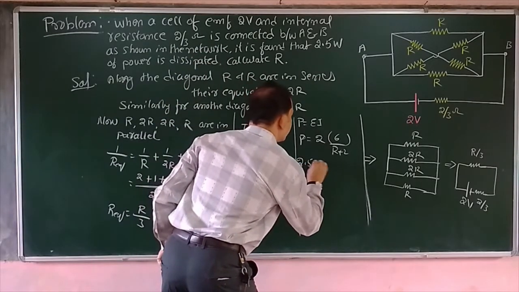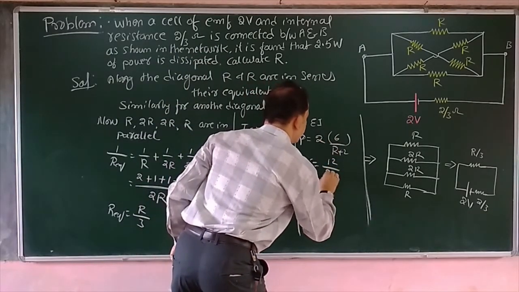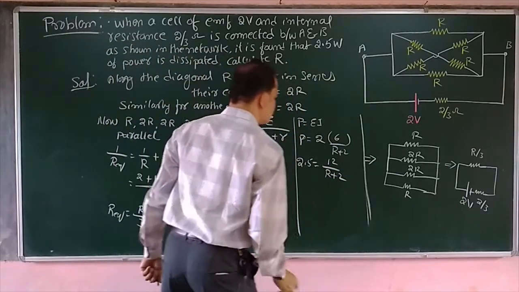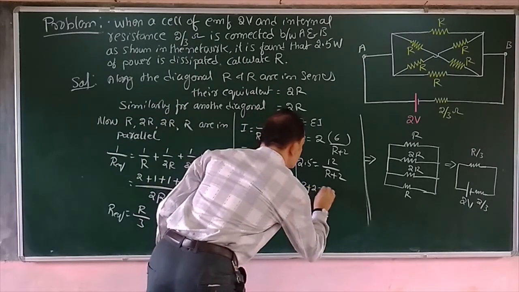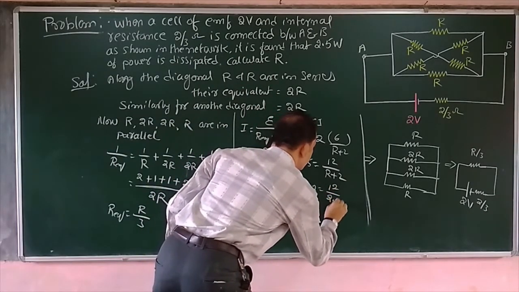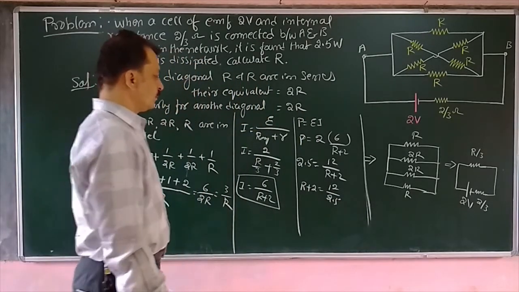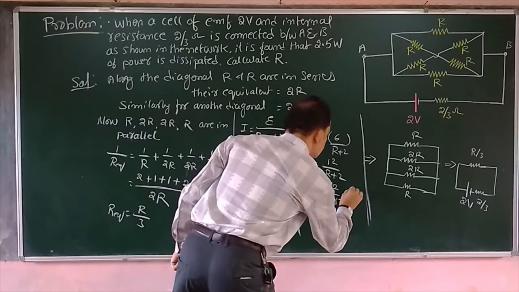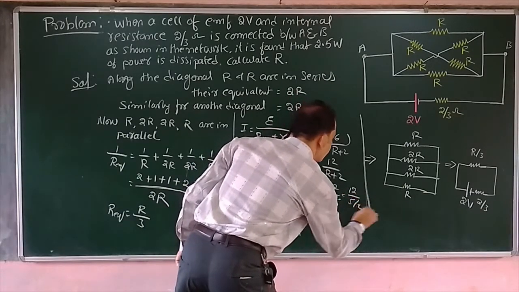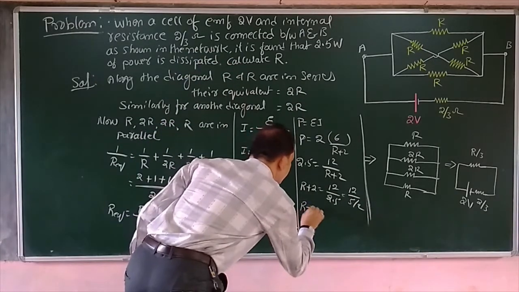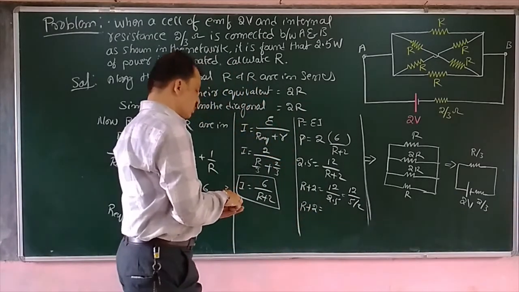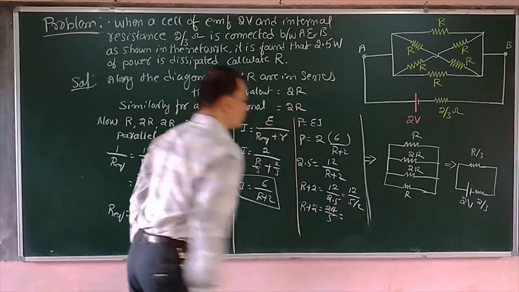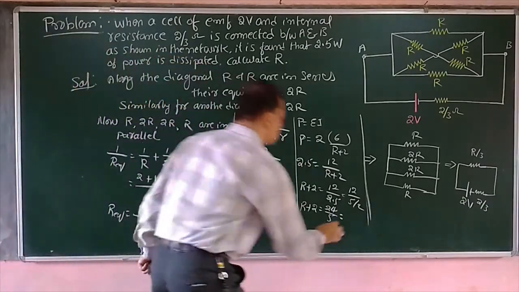Therefore, 2.5 is equal to 12 divided by R plus 2, or cross multiplying, R plus 2 is equal to 12 divided by 2.5, or this is 12 divided by 5 by 2. Okay, R plus 2 is equal to, now simplifying this one, 24 divided by 5. Now what is 24 divided by 5? It is 4.8.